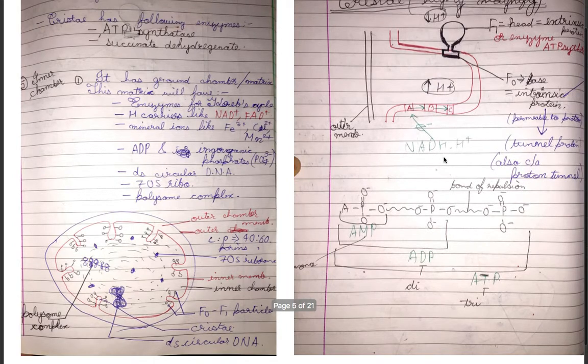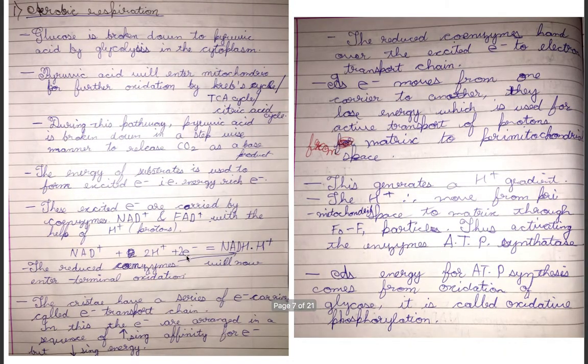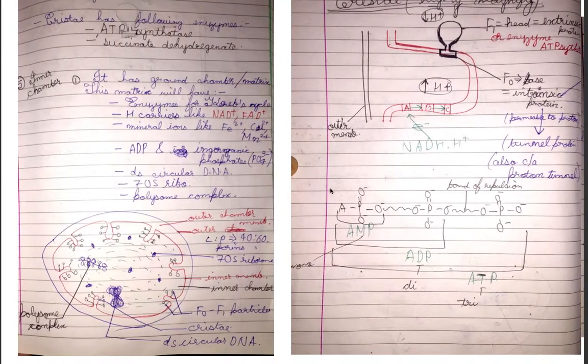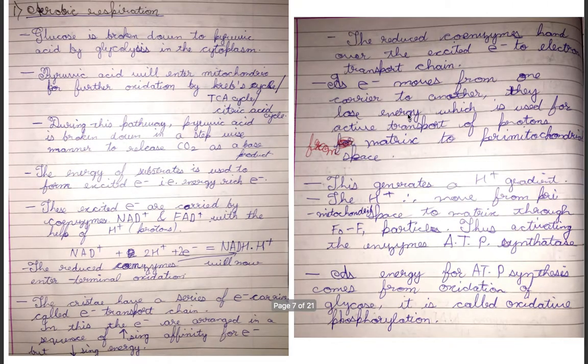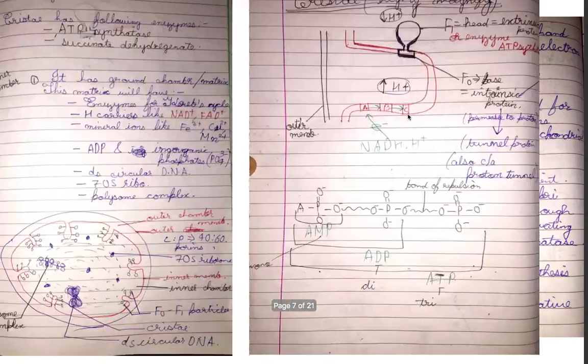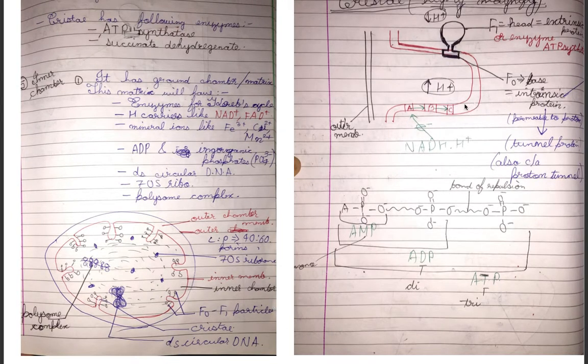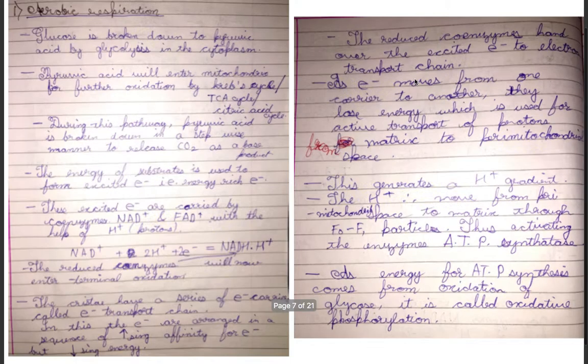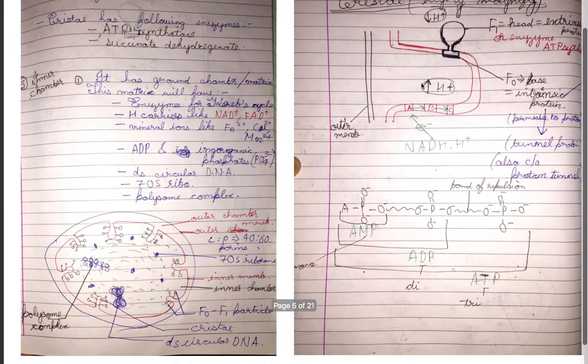The energy that was obtained from the Krebs cycle was utilized to form the excited electrons. These excited electrons are carried to the cristae by the reduced coenzymes, and enter the electron transport chain, and as they get carried on, the energy that is lost is used to make a proton gradient inside the perimitochondrial space, that is inside the cristae.